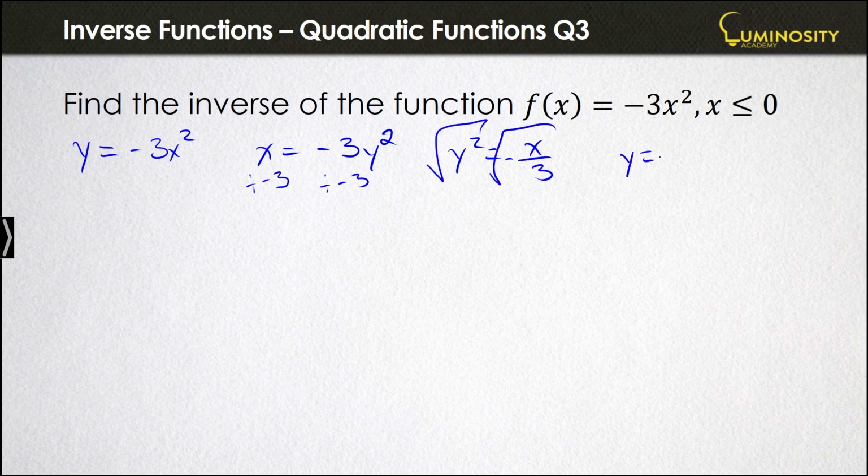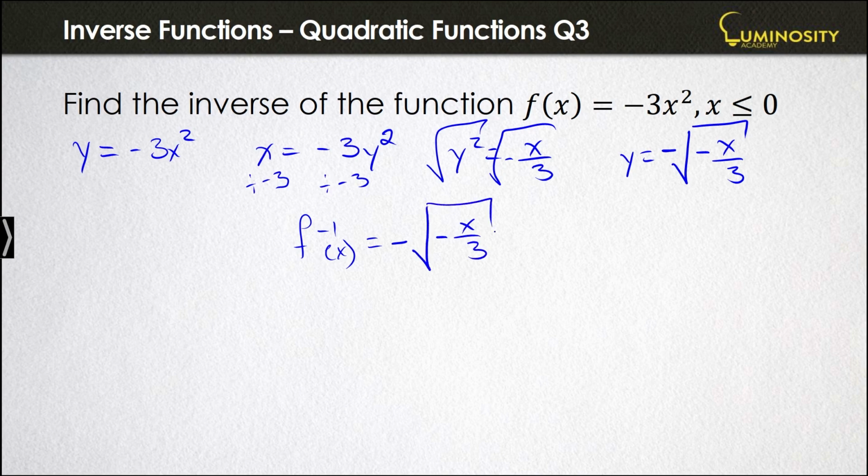So y equals the square root of negative x over 3. Now, because we're doing x is less than or equal to 0, we're going to put a negative sign in front of this. So our function notation would say the inverse of f of x is negative square root of negative x over 3.